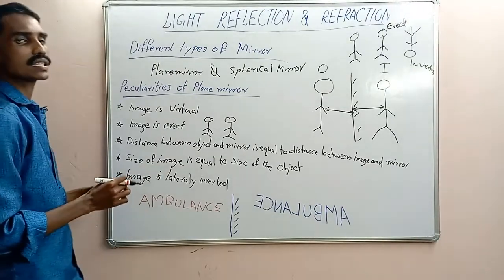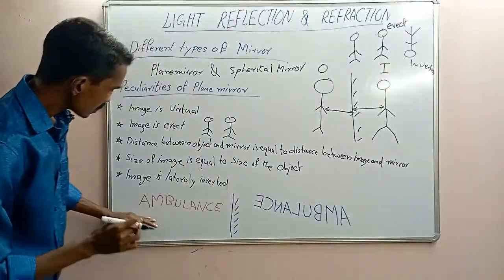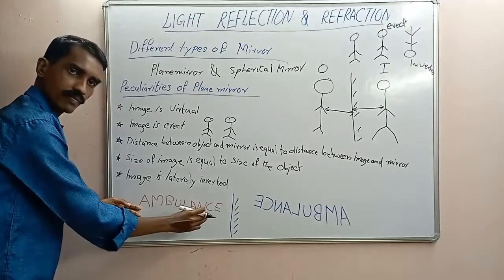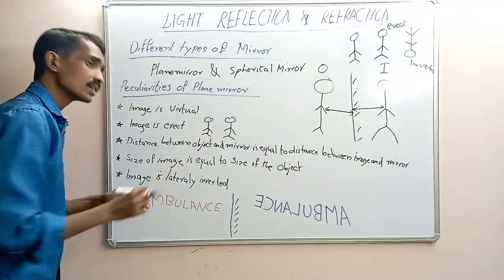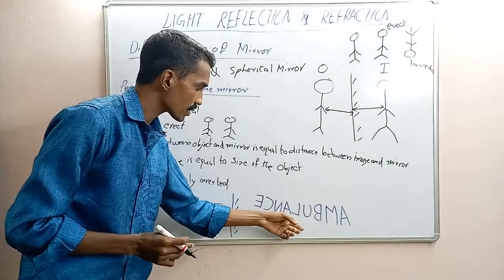Next one, the image is laterally inverted. What do you mean by laterally inverted? Suppose we have seen the word ambulance written like this on the front of an ambulance. What is the purpose of this?